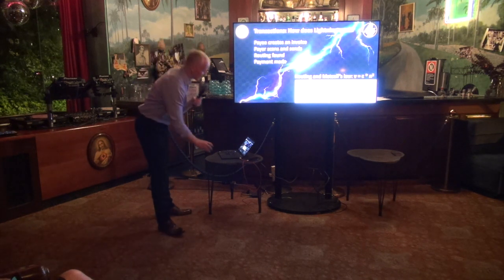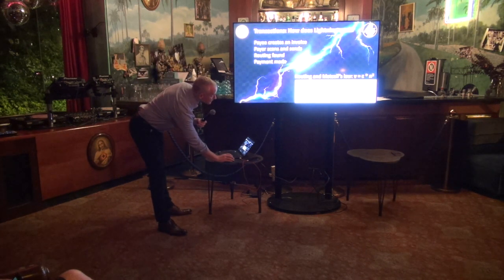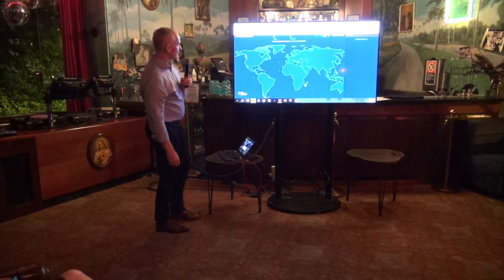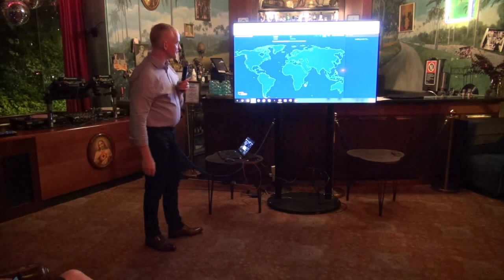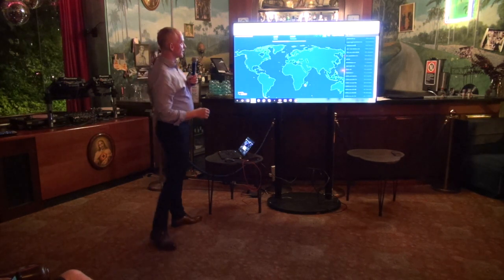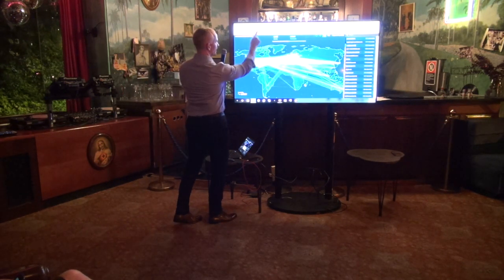Now let's have a look at the Lightning Network. With the speed of 1,000 startled gazelles. So this is another Lightning Explorer. The one we looked at first was 1ML.